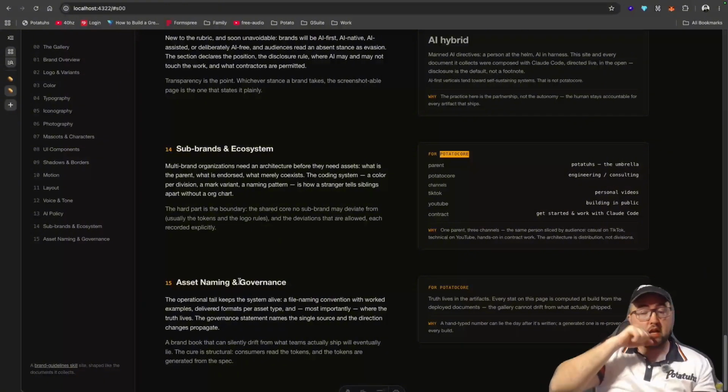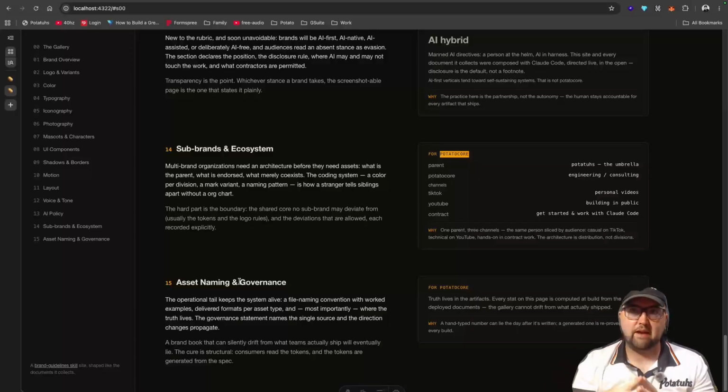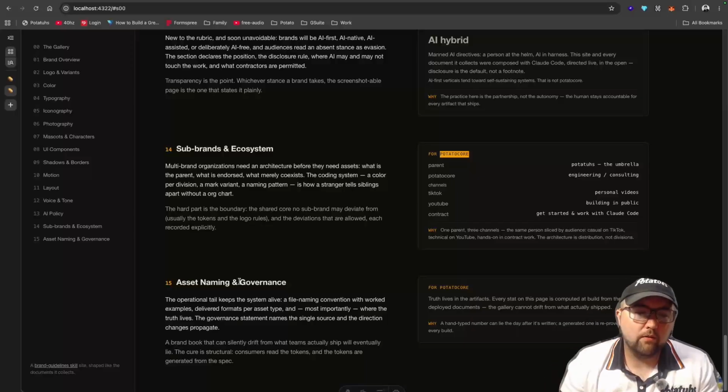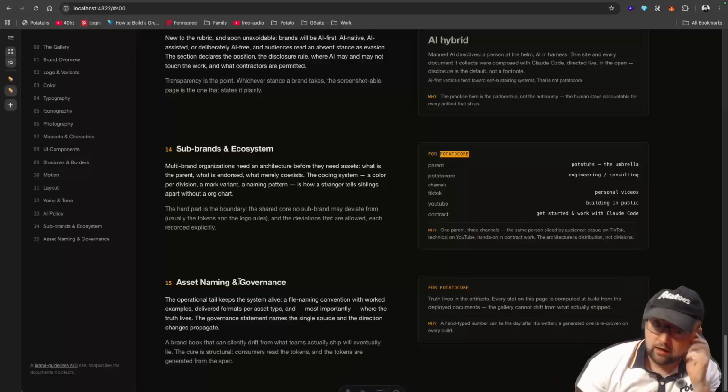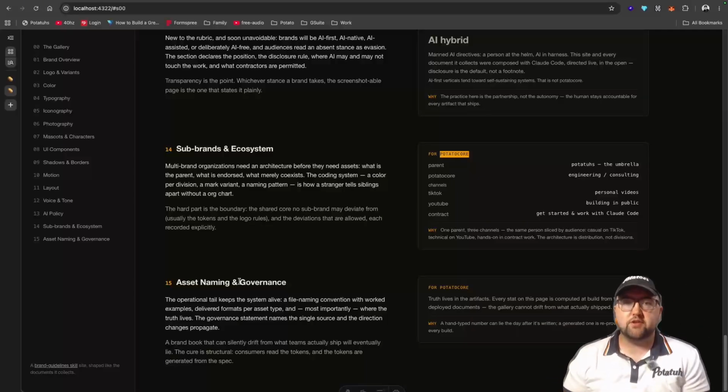Now, I can't emphasize this enough. A lot of how I'm describing this is digital dependent, but it's not all about everything being digital. Think of asset naming for a tennis jersey.